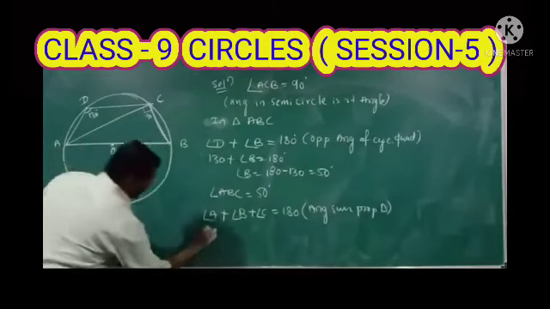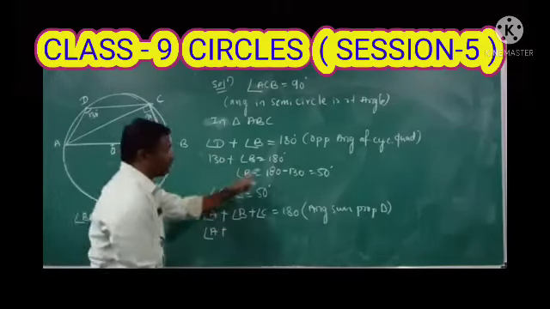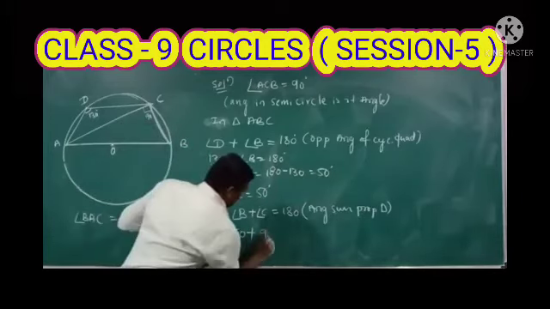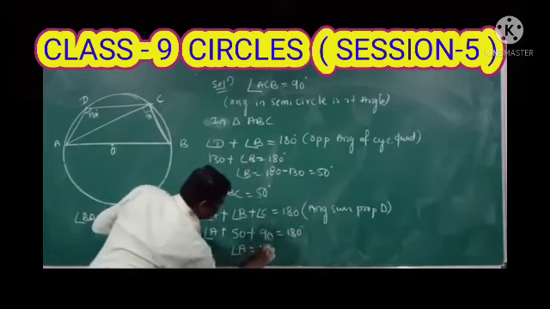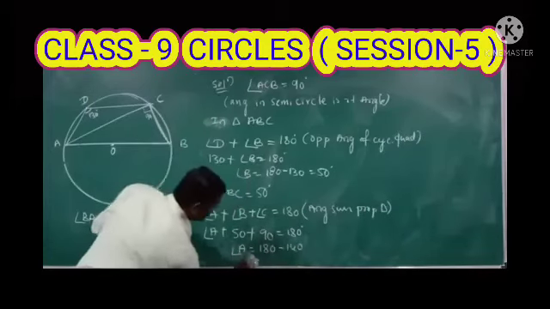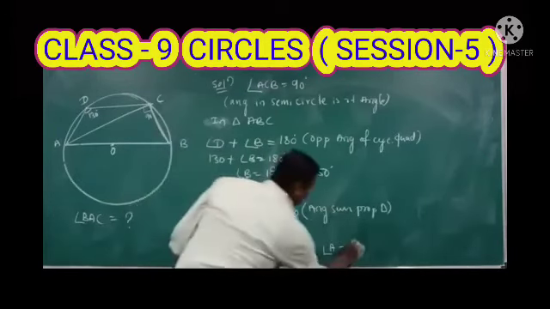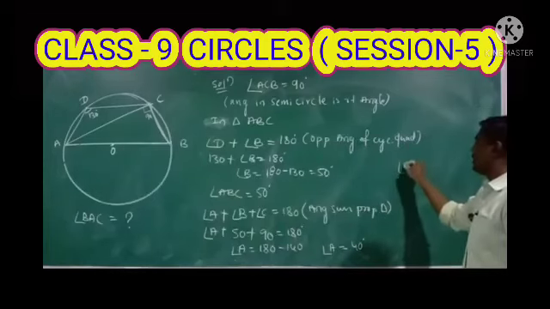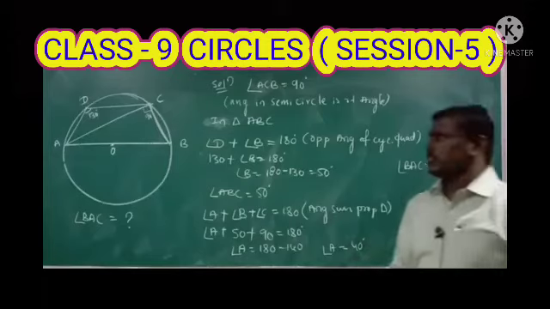So write it as it is: angle A plus angle B, which we already calculated as 50, plus angle C, 90 degrees, is equal to 180. Angle A is equal to 180 minus the sum of 90 and 50, which is 140. So angle A is equal to 180 minus 140, which is 40 degrees. Angle A is nothing but angle BAC. Angle BAC is equal to 40 degrees. So this is the required answer.